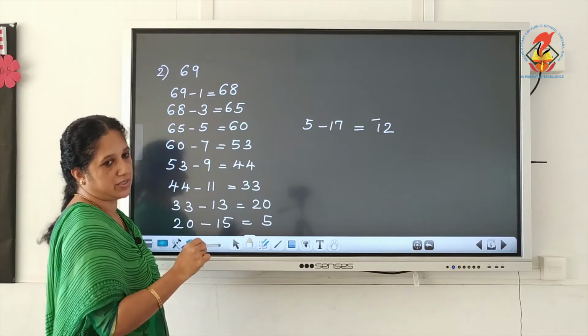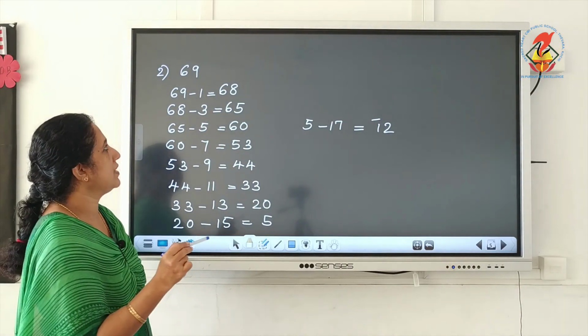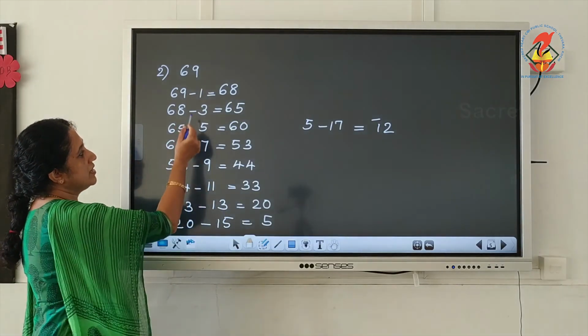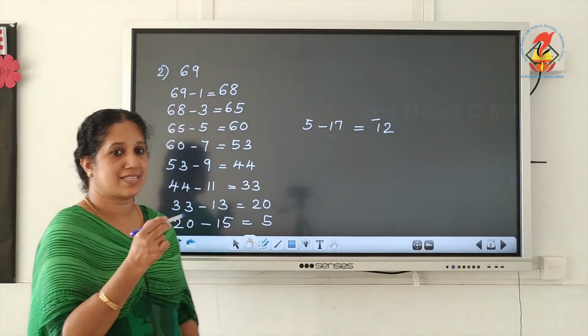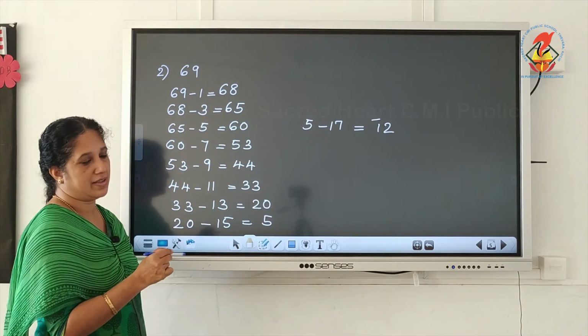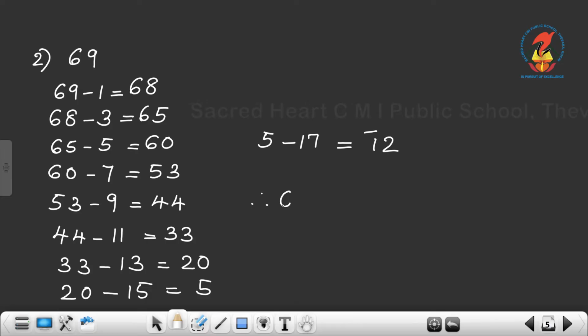So, we won't get to 0, and so we can say that 69 we cannot write as the sum of successive odd numbers starting from 1. Therefore, 69 is not a square number. Why is 69 not a square number?